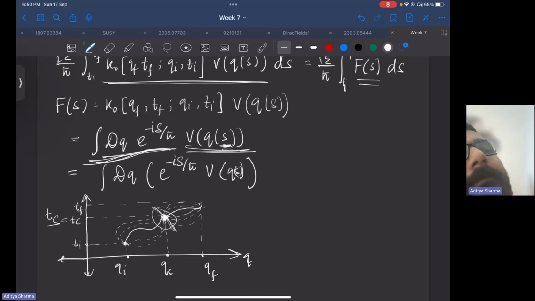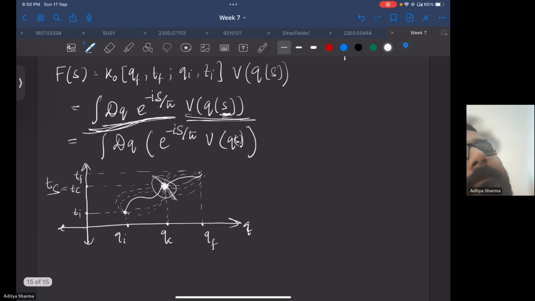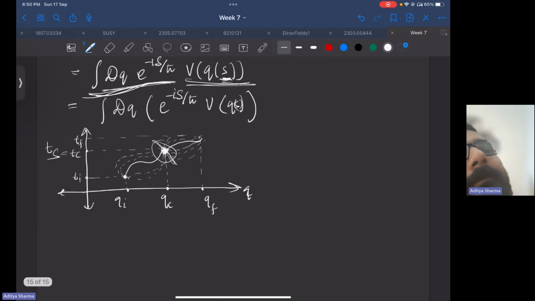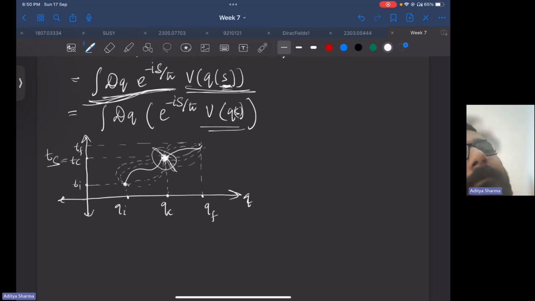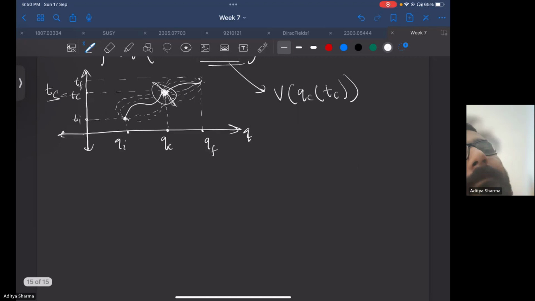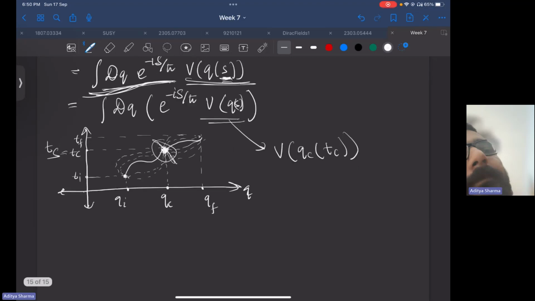Okay. With this idea in mind, what I can write is I can substitute this to be V of Qc prime, Tc. Therefore, I can put this inside. Okay.